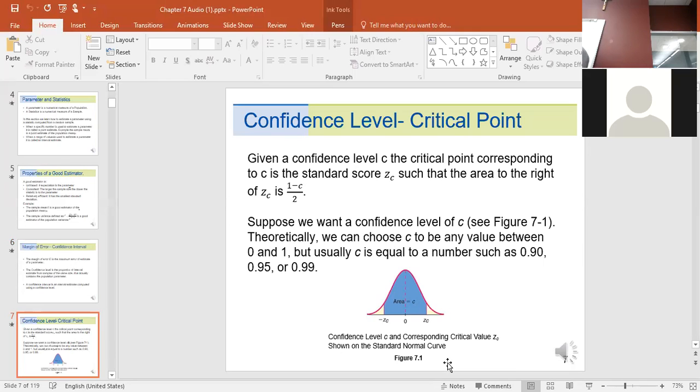If the population is normally distributed, or the sample size is large enough from the central limit theorem, then the distribution of the sample mean will be bell-shaped, approximately normal. The sample mean here will have a mean mu, the population mean.